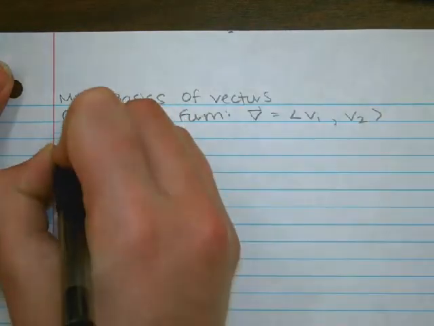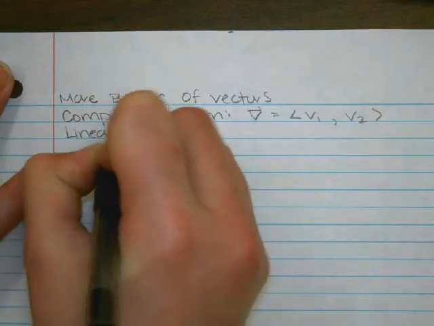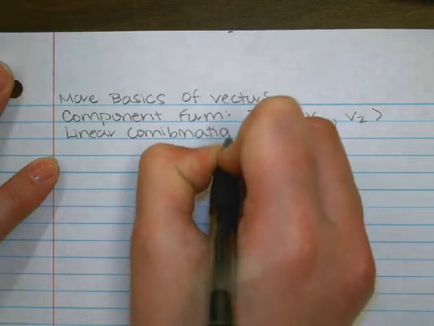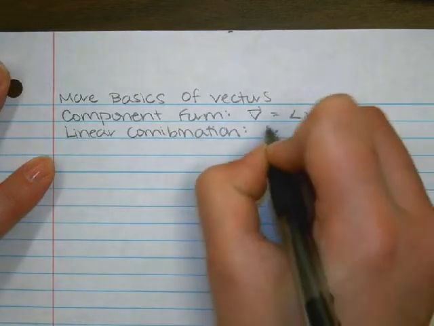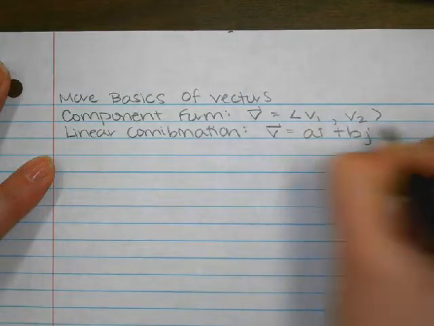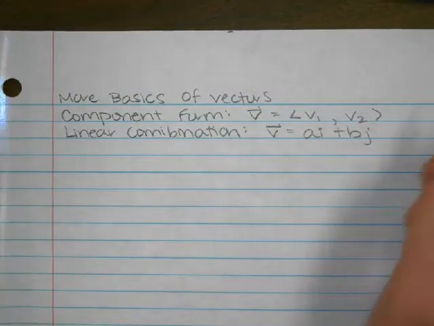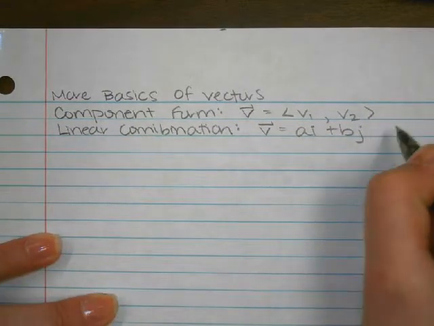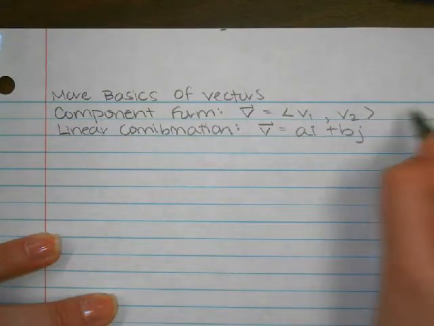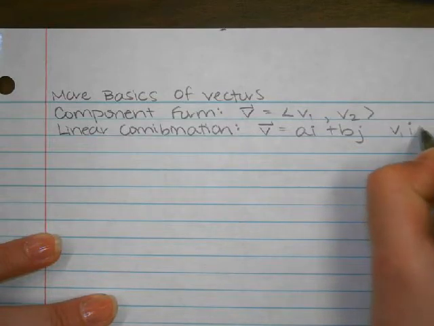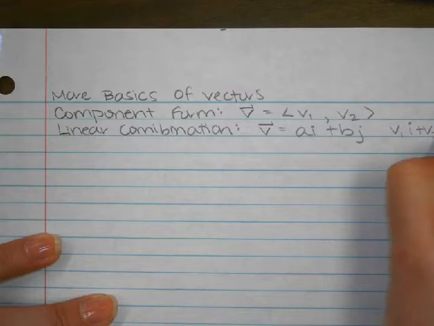Today we're going to learn about the linear combination form, which is v is ai plus bj. This is how everyone writes it, but really if we were to relate it to the form up here, we would say that's like v1 times i plus v2 times j.